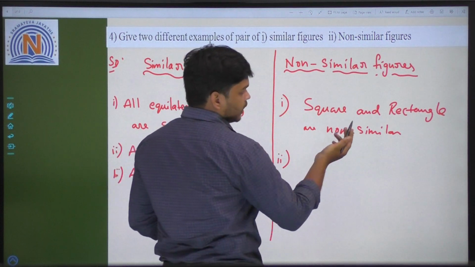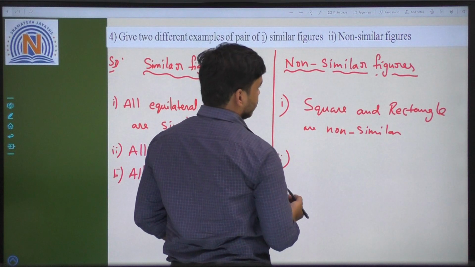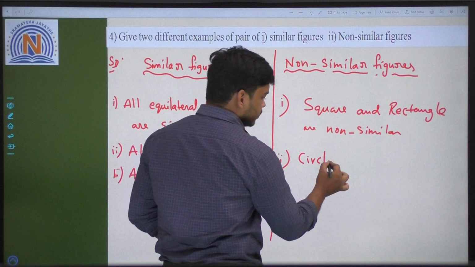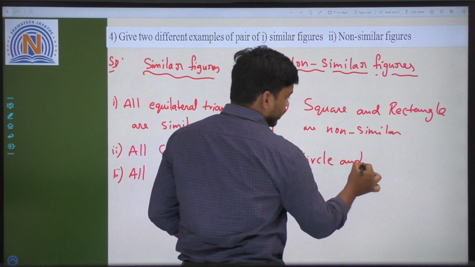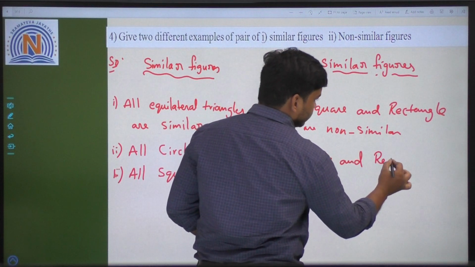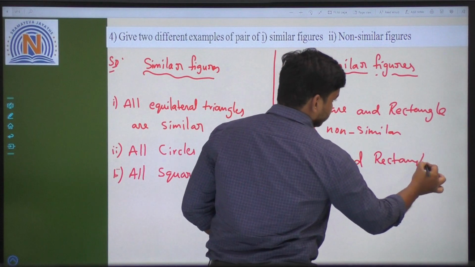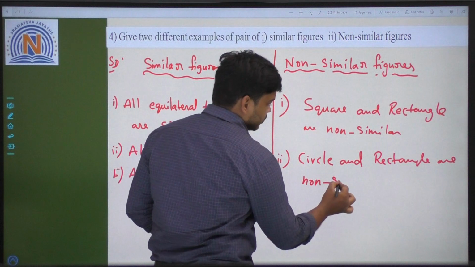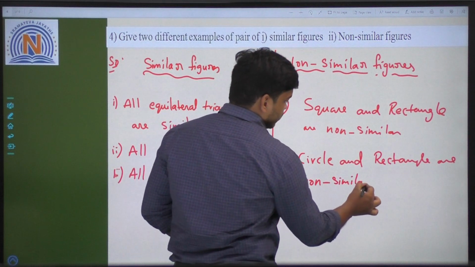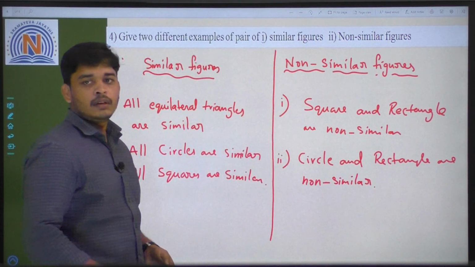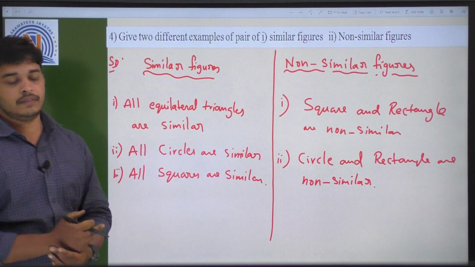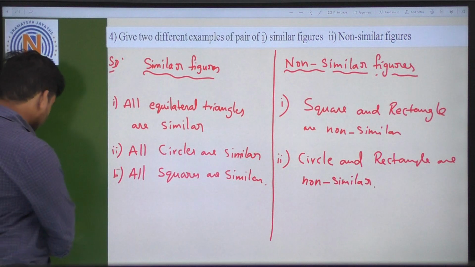Square and rectangle are non-similar, and one more, circle and rectangle are non-similar figures, right? These are the different examples of similar figures and non-similar figures. So now the next problem.